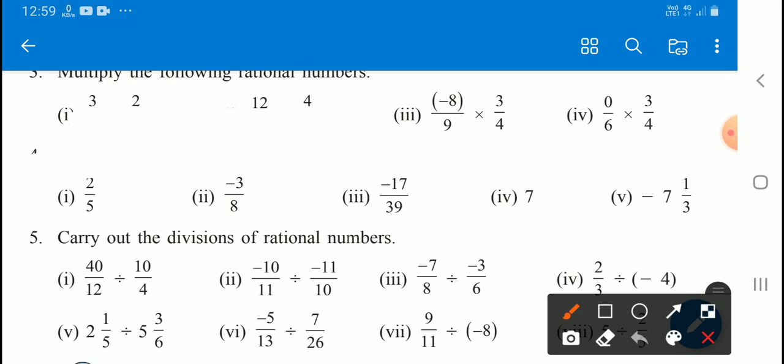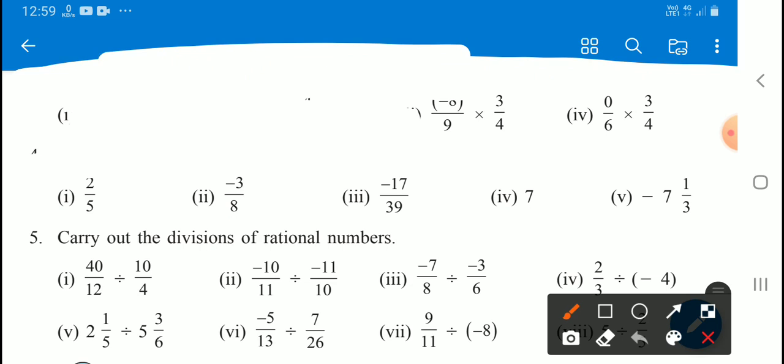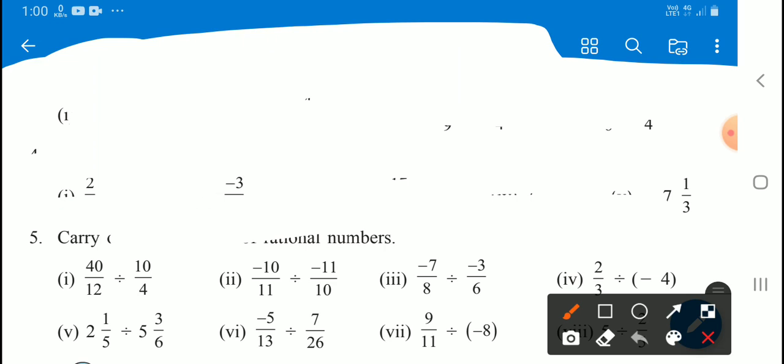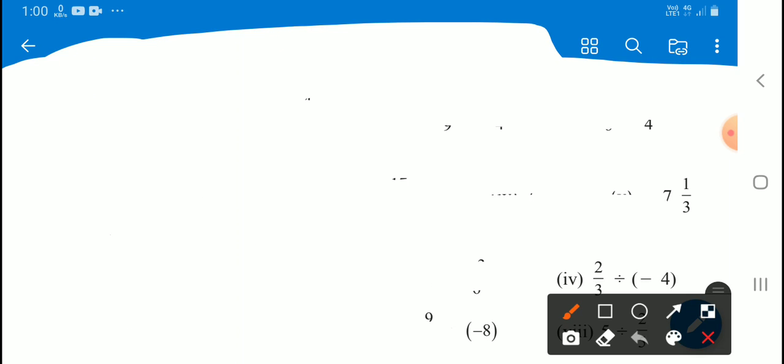Okay, first we will solve the examples based on rational numbers, addition examples. One by one, I will tell you how to solve the examples.